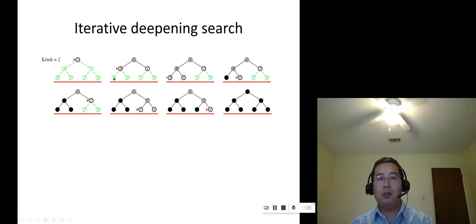If we cannot go deeper, we visit it and then return to the upper layer and see whether there are any siblings under that node. If we have, we go deeper and deeper. If we cannot go deeper, we visit it and then return, visit this one, finish this branch.